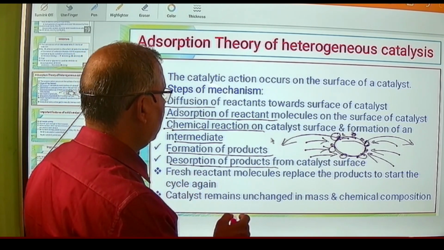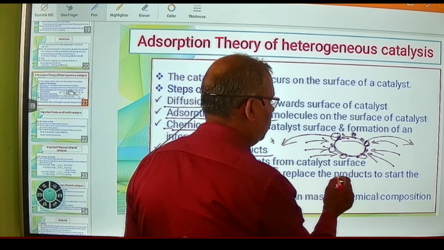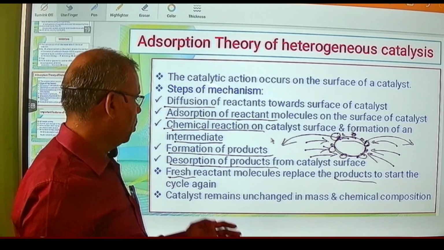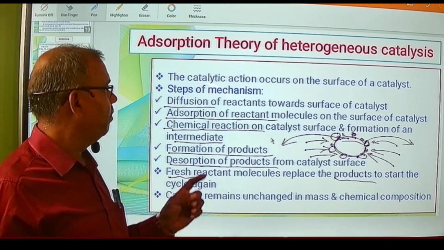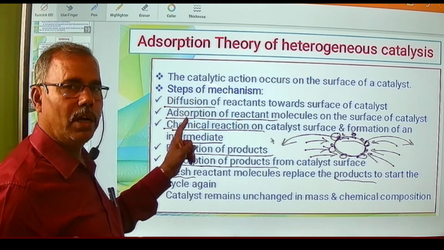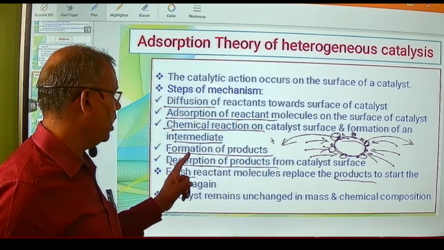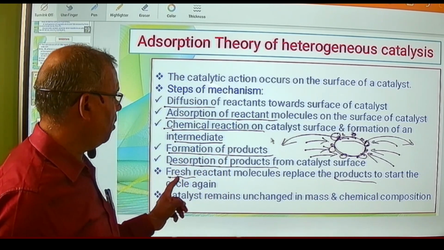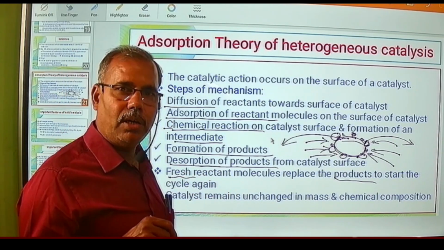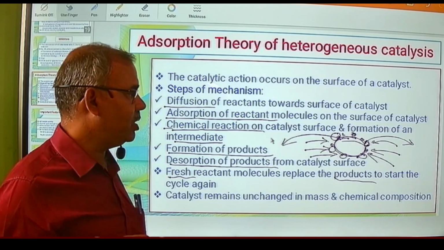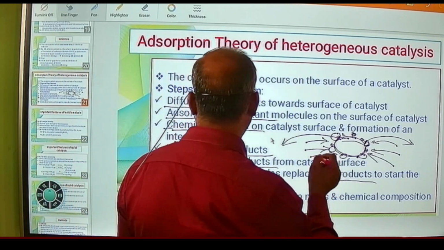Now fresh reactant molecules replace the products. Fresh means new reactant molecules again replace the products to start the cycle again. So what happens when this cycle is completed? That is diffusion, then adsorption, then formation of the intermediate, then formation of the product, and lastly desorption. The fresh reactant molecules again diffuse to the surface of the catalyst, they again react with each other, and the intermediate is formed.